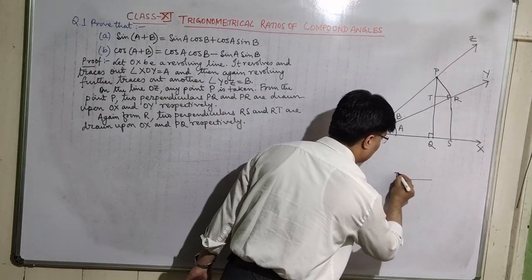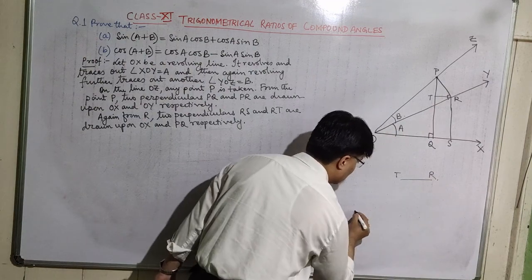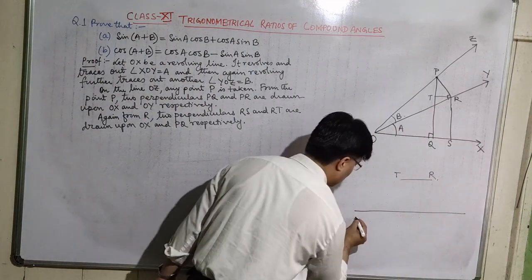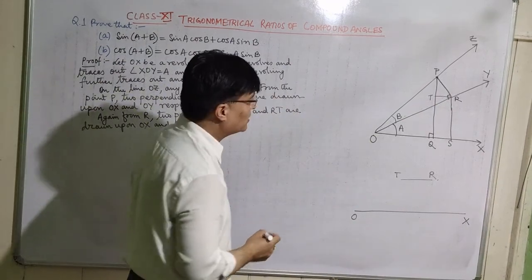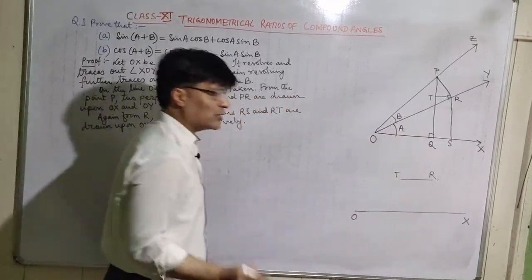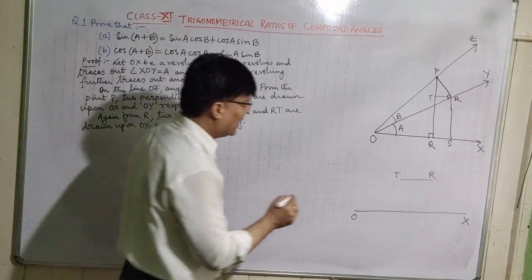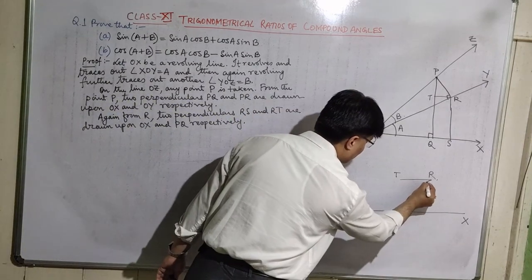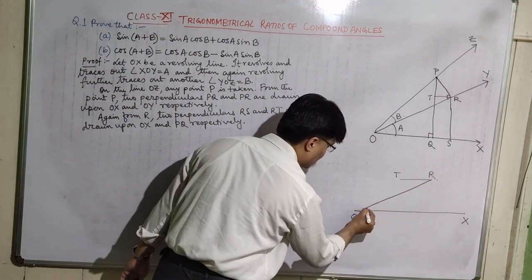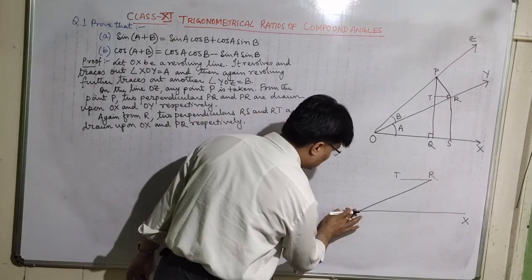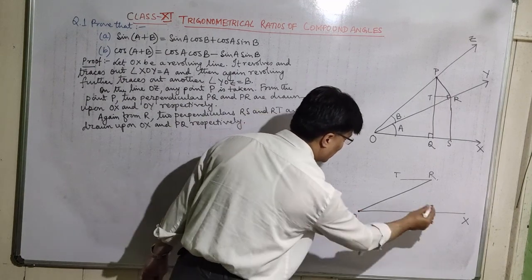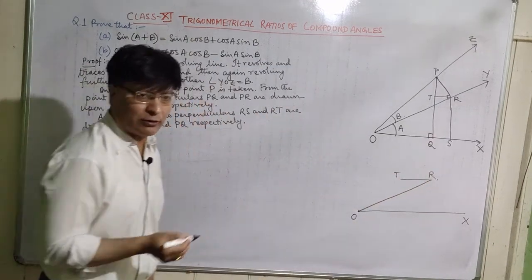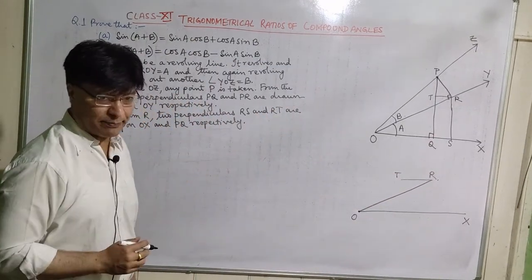This is your TR and this is your OX. They are parallel to each other, isn't it? This TR and OX are parallel to each other and OR cuts them. Is that clear?